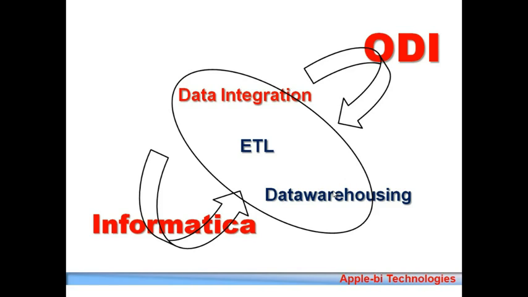These tools are useful in data warehousing projects and also in data integration. I'm going to talk in detail about data warehousing. Mostly, 80% of the time, these tools are used in data warehousing. Apart from this, they can also be used in data integration.